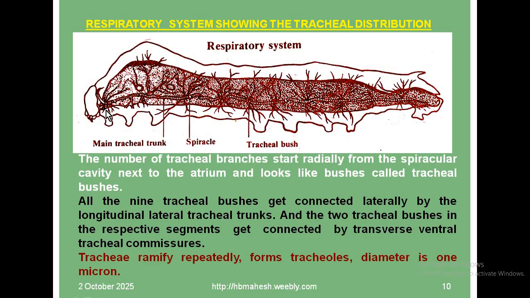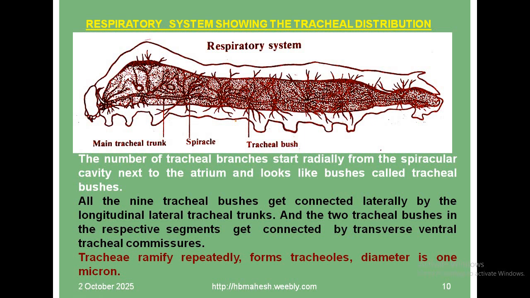The 2 tracheal bushes in the respective segments get connected by the transverse ventral tracheal commissure. You can observe the tracheal commissure here. This is one tracheal bush, this is another tracheal bush, so it connects the two. That is called the transverse ventral tracheal commissure.